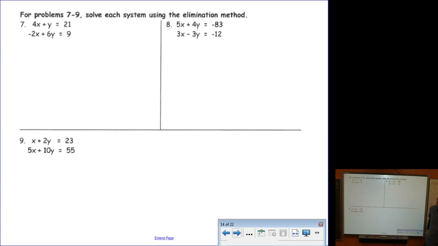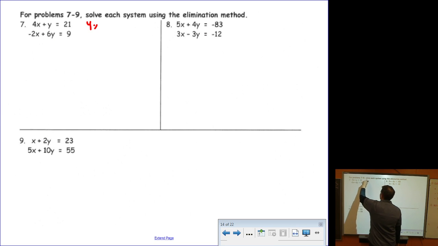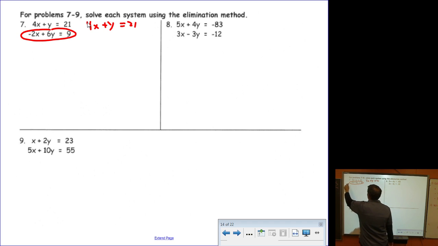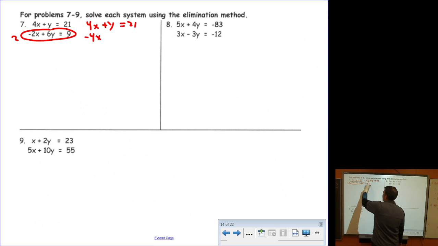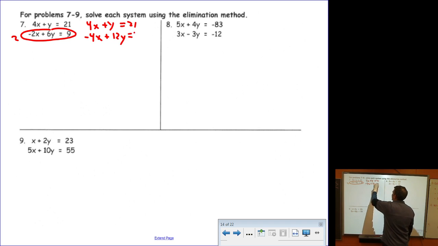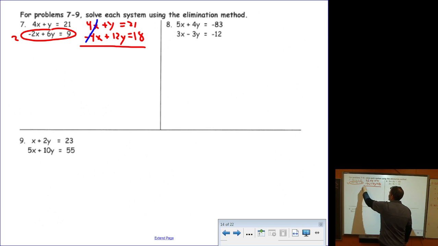All right, now I'm supposed to solve by elimination. So if I was going to solve by elimination, I would leave this equation alone, but I would multiply this equation by 2, giving me negative 4x, positive 12y, and 18. And then I can go ahead and add these together, and the x's will cancel, and I get 13y equals 39.